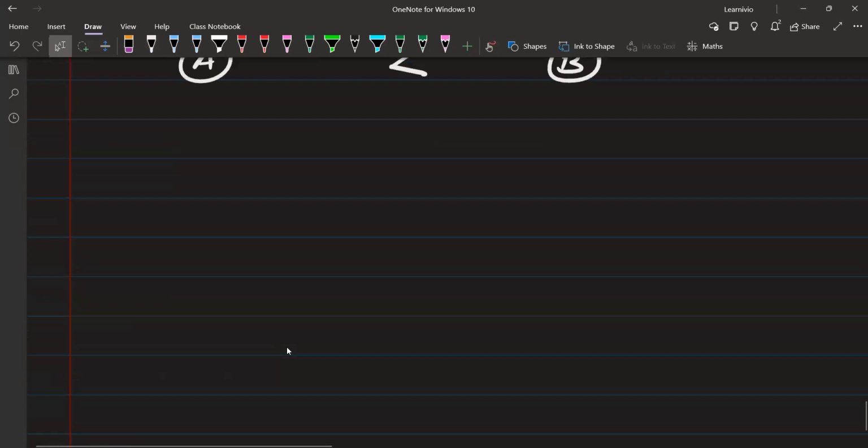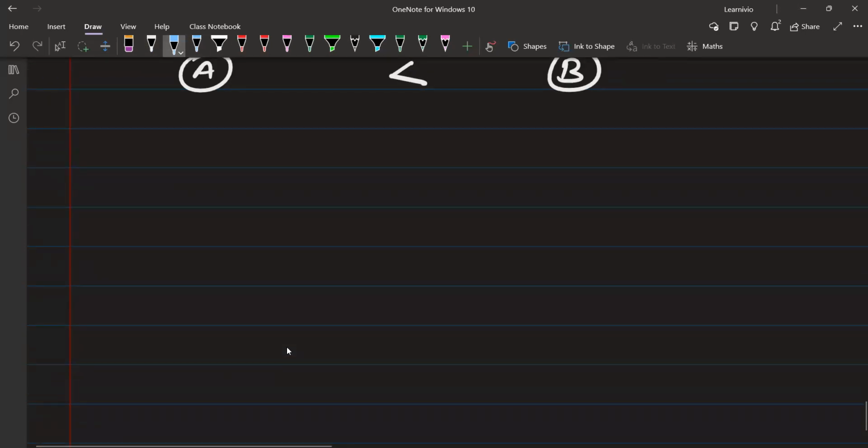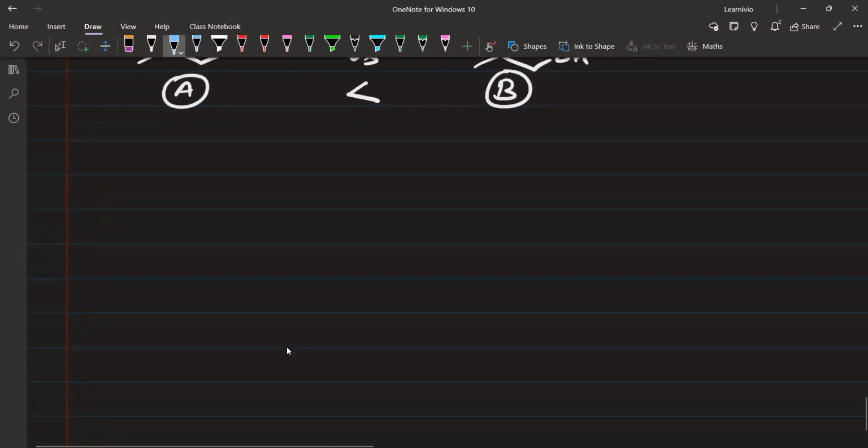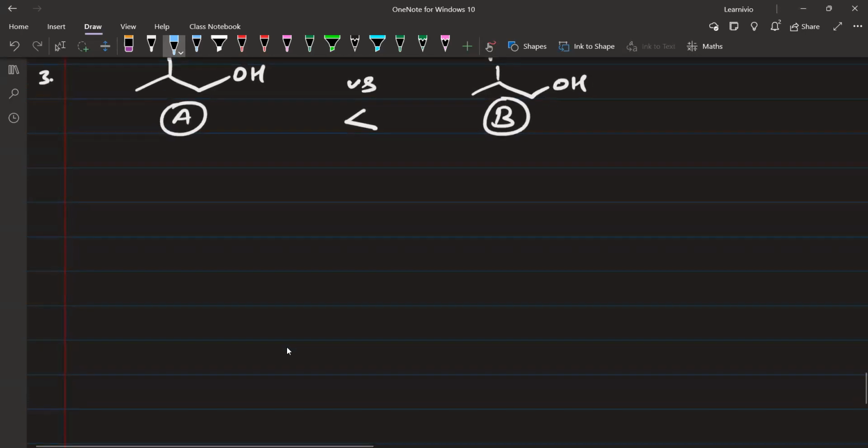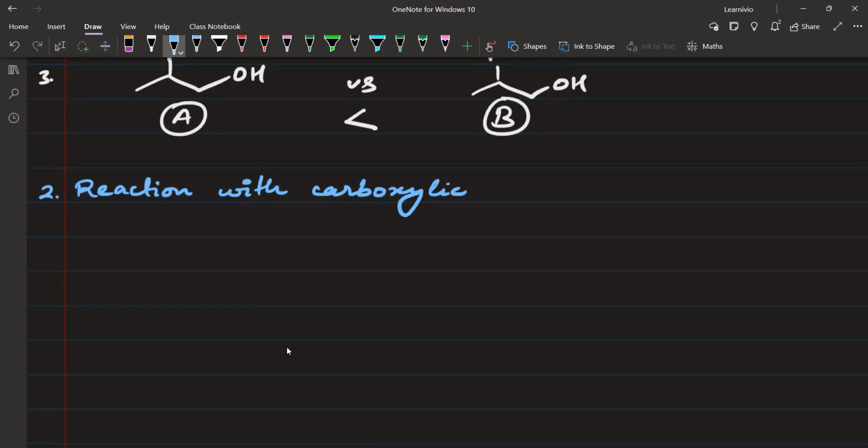Let me write next. Now, acidic strength, we have discussed acidic strength. Next is reaction with carboxylic acid. Second reaction, the reaction with carboxylic acid. Please write with me.